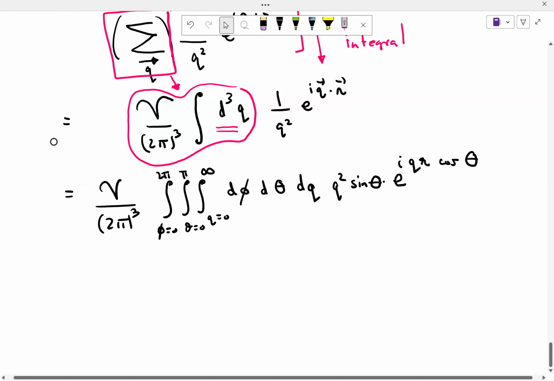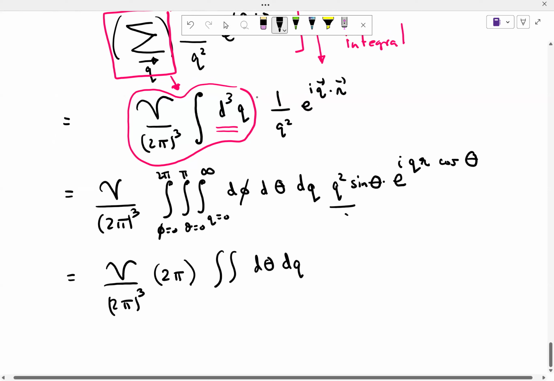If I were to do all of these calculations, it's pretty simple to do. So let me advance a little bit forward and see what this looks like. This is 2 pi over here, and I'm left with d theta, dq, there's a q squared as well, right?